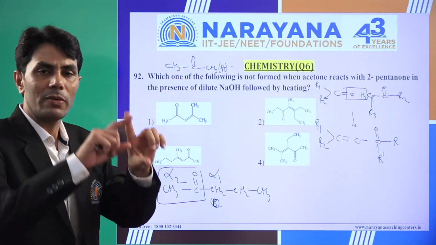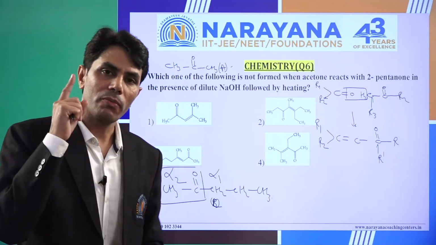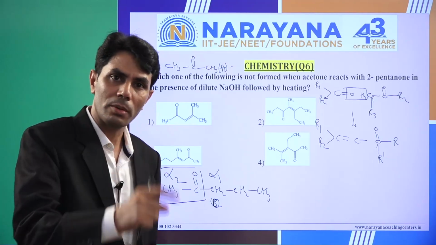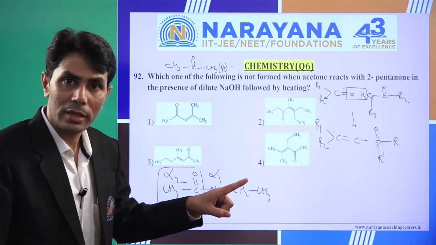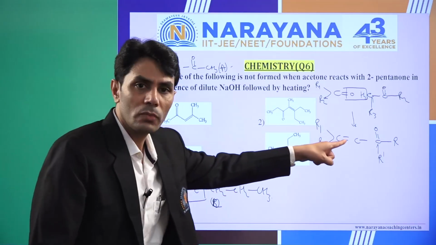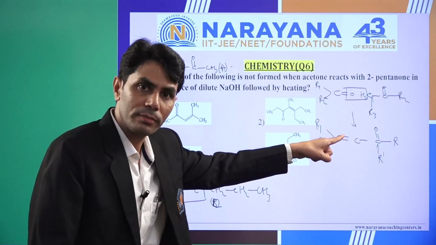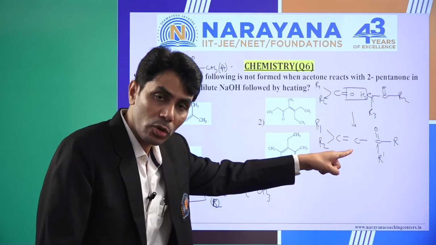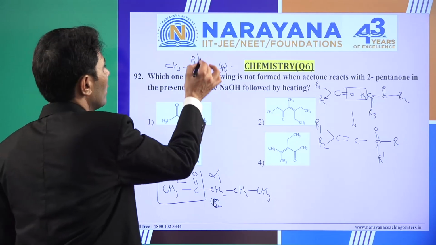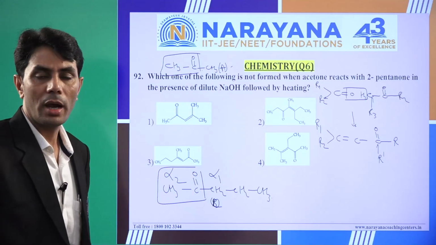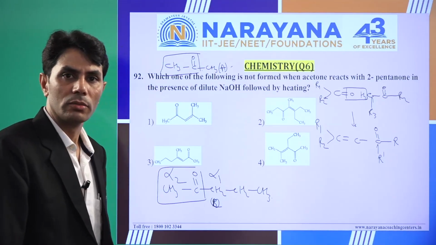We can use the carbonyl group of this molecule and the alpha hydrogen of this molecule. Whatever case we are using, but one thing is confirmed, in the final product, either we will get pi bond on the second carbon, surely, or we will get methyl keto.